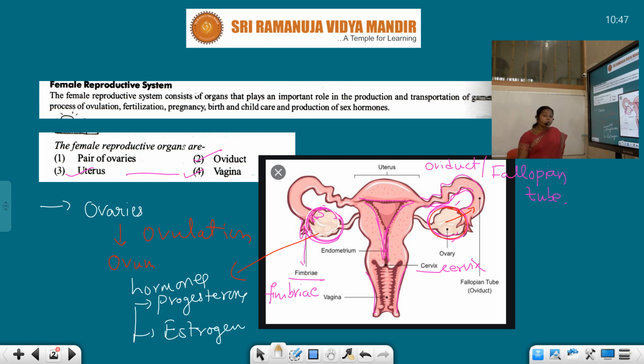Understand? Whereas the male sex hormone is testosterone, the female sex hormones are progesterone and estrogen. All these hormones help in the development of the secondary sexual characters in the female body, like development of the breast, change in body shape, and development of hair.